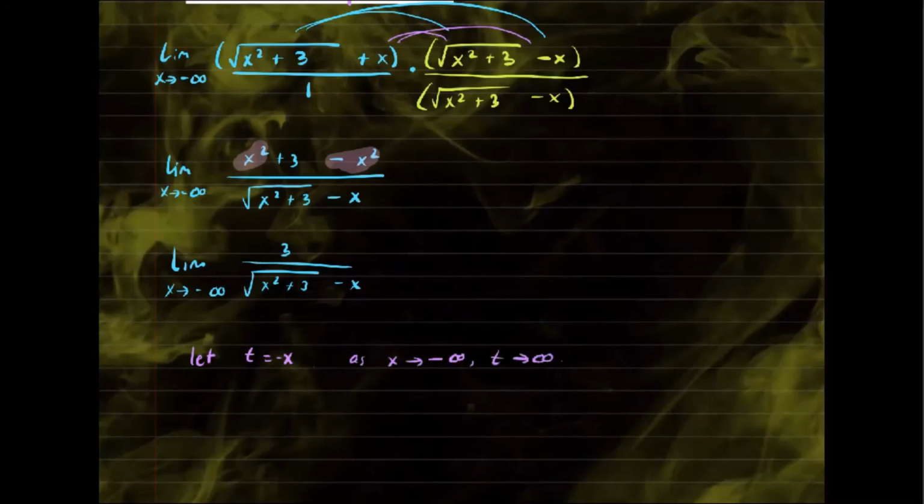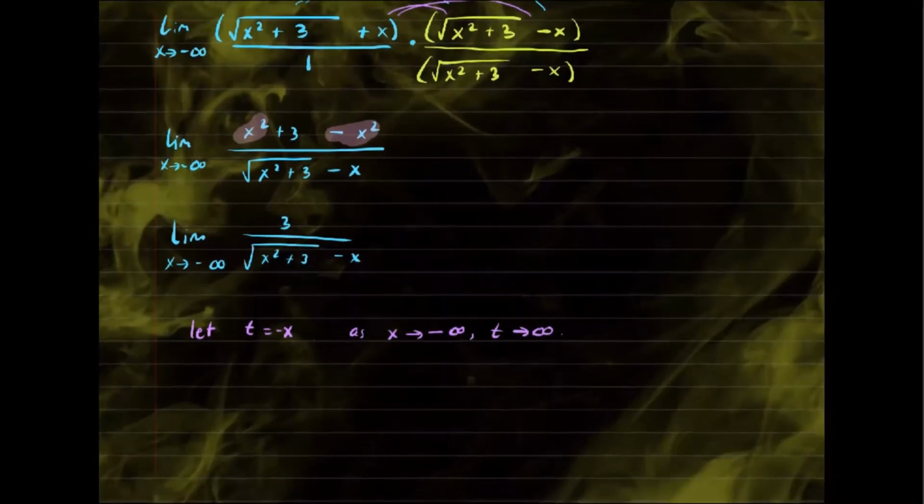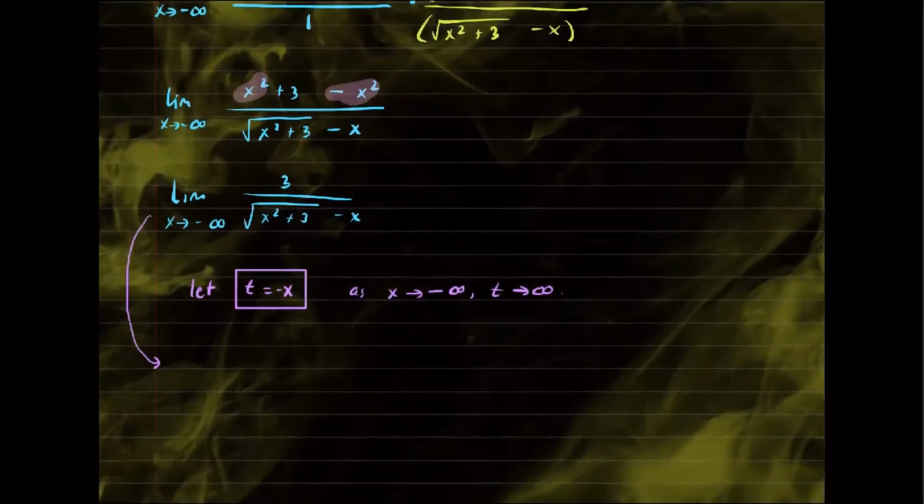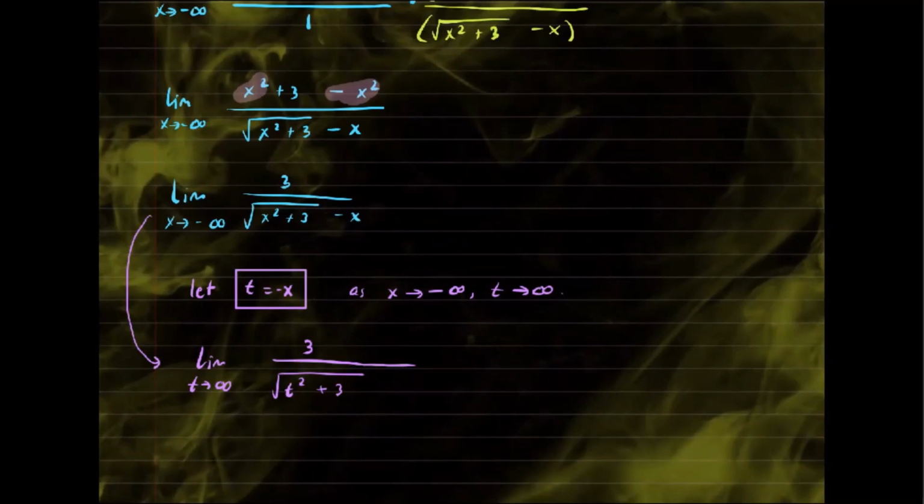That would seem to work. So once I have done that substitution right here, I can change my limit in terms of the t variable. So this is the limit as t approaches infinity of 3 over the square root of t squared plus 3. Now because negative x is representing t, this is simply plus t.